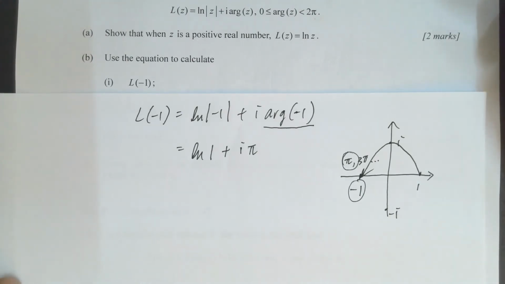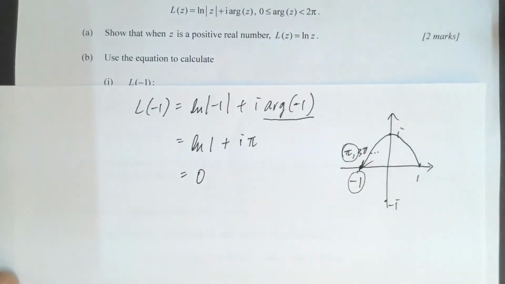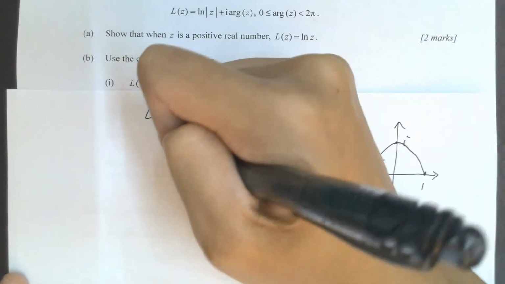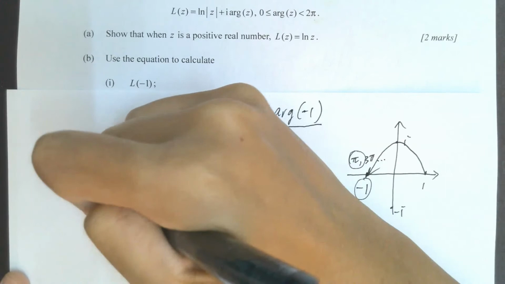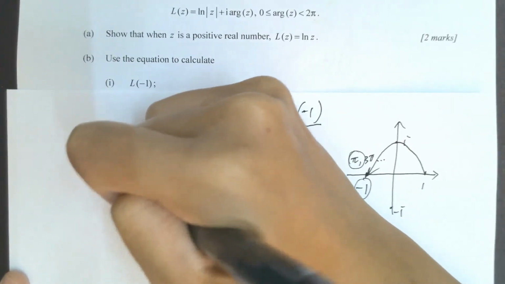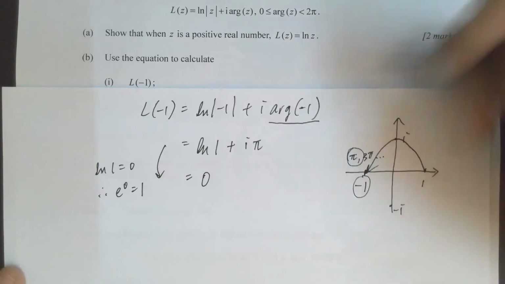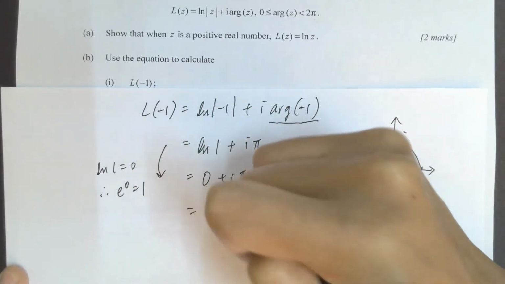But you can be more technical, of course. Ln of 1 is of course just 0. It means e to the power of 0 gives you 1. As a reminder, ln of 1 is 0 because e to the power of 0 is 1. And this is plus I pi, therefore this is just equal to I pi. Excellent.